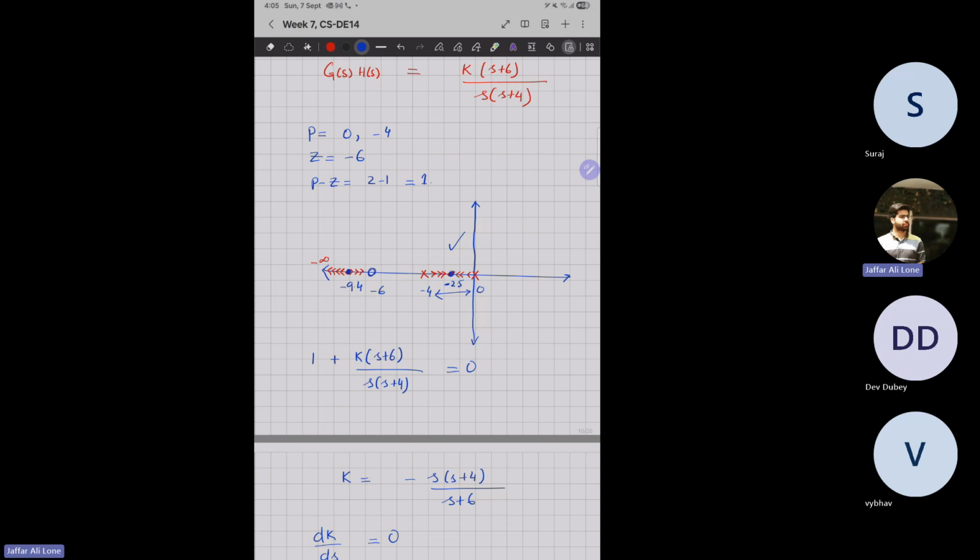So here I can see my root locus diagram will be something like this. Okay, I'll make it in a better way. I'll make it from this direction.